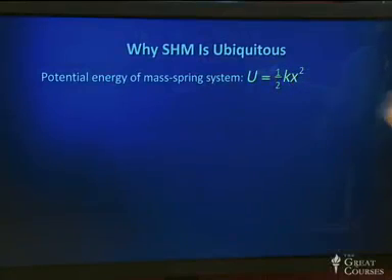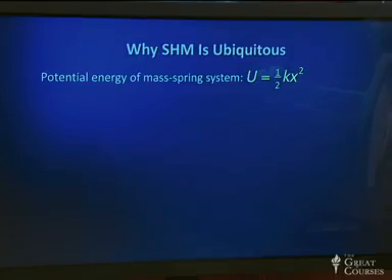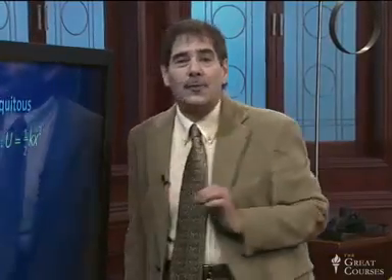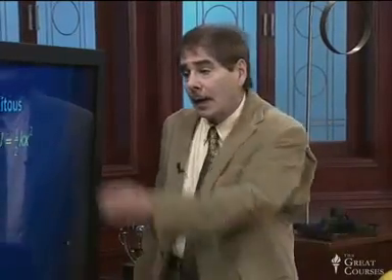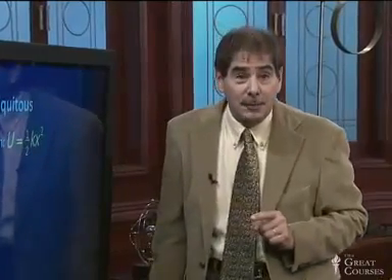The fact that the potential energy is proportional to the square of the displacement, and for a spring, its proportionality constant is the spring constant k and the 1/2, means mathematically that any other system in which the potential energy is a quadratic function of whatever measures the displacement from equilibrium, position, angle, whatever, then mathematically that system will also undergo simple harmonic motion.